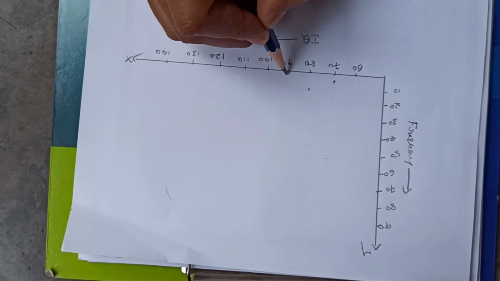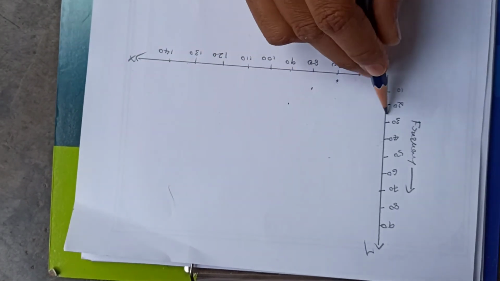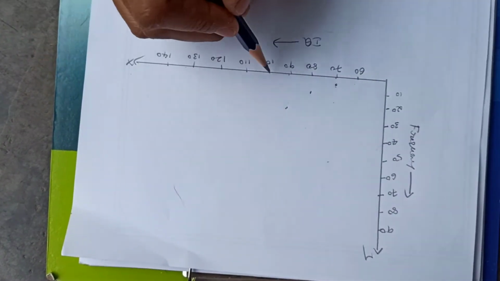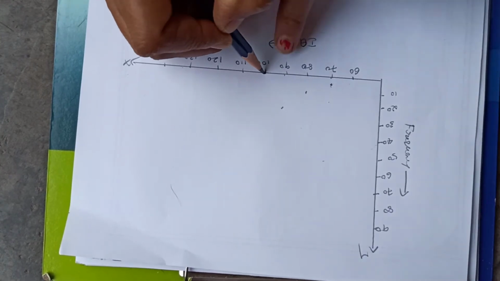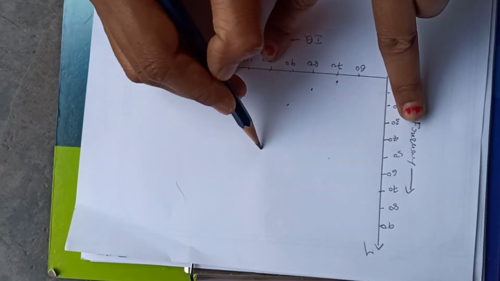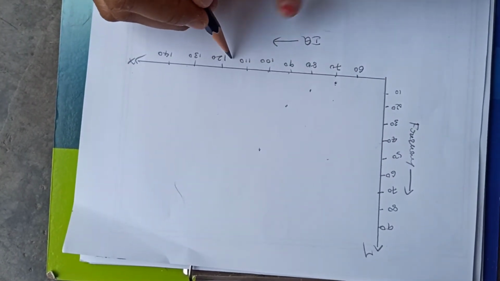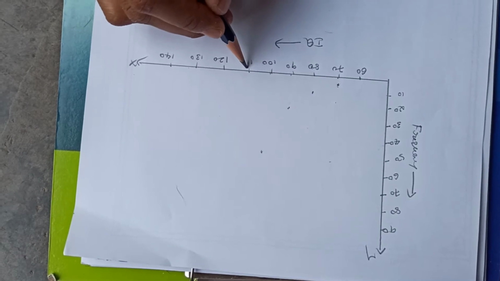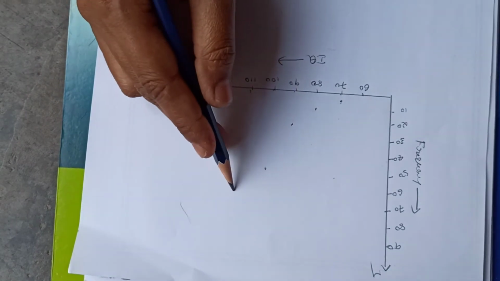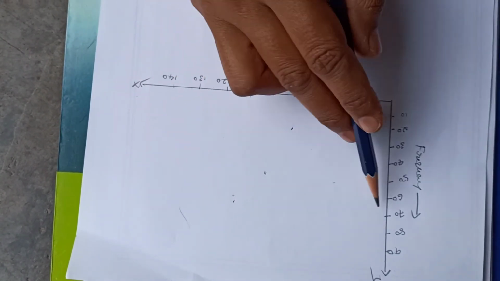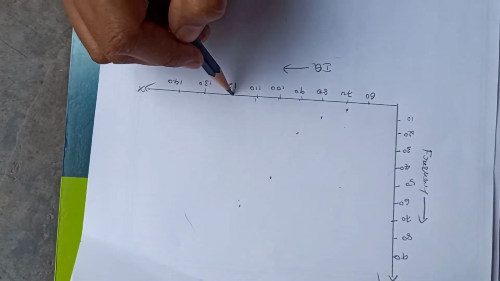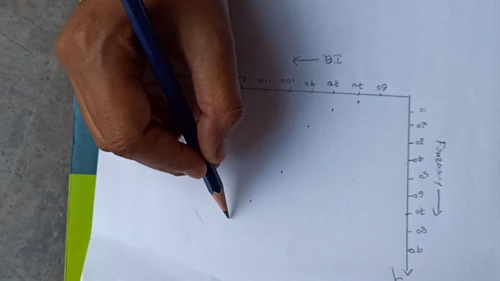Less than 90 is 25 students, and 25 will come somewhere here. Then less than 100 is 51 students, and 51 will come somewhere here. Then less than 110 is 68 students, and less than 120 is 73 students.